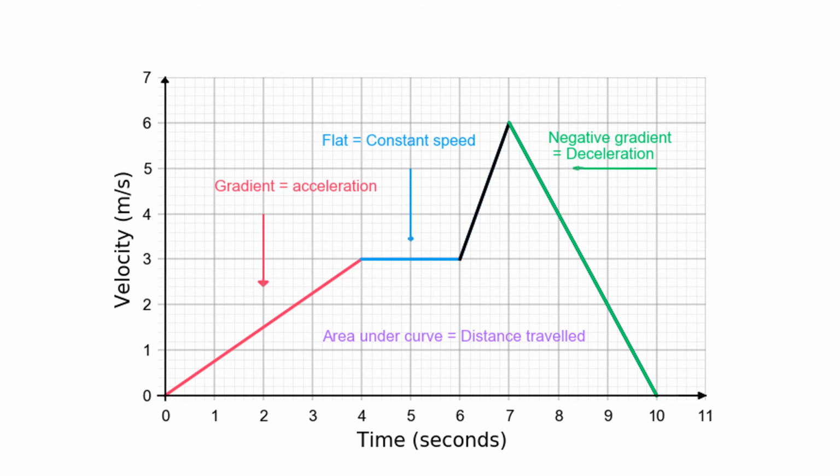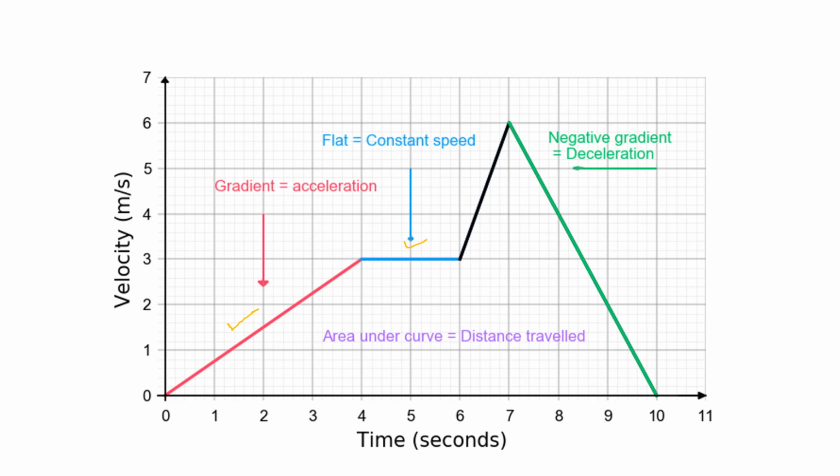And therefore, you will find on a graph like this, the gradient in the first section here shows an increase in the velocity. So there's acceleration. Then the velocity is constant over there. Therefore, there will be no acceleration.